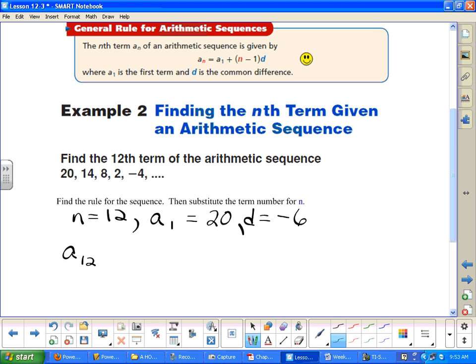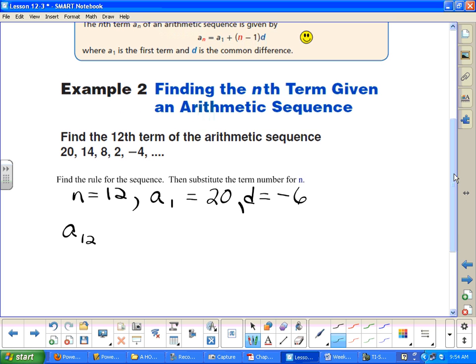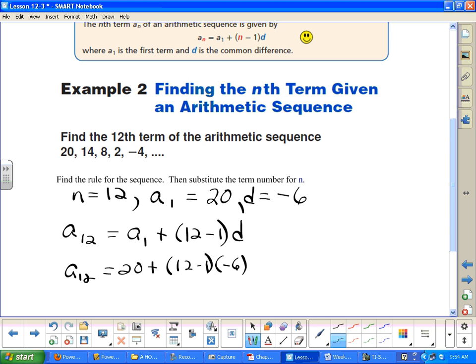So then to find the 12th term, all I need to do is plug in that information. I'm finding a sub 12, so that equals a sub 1 plus 12 minus 1 times d. You don't have to write that, I just did. So a sub 12 equals 20 plus 12 minus 1 times negative 6.